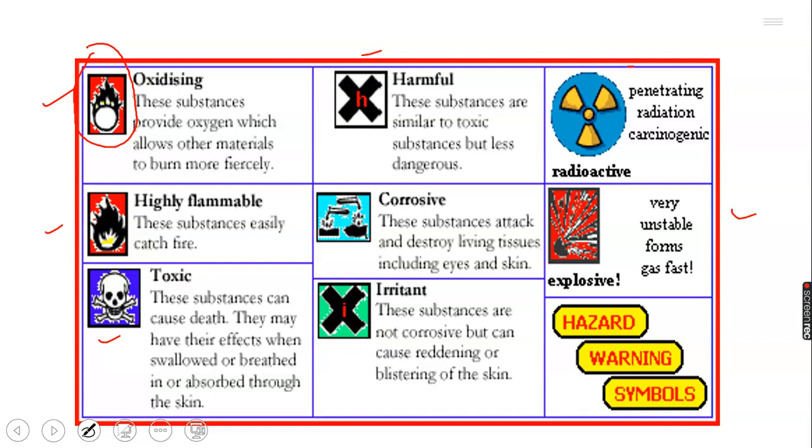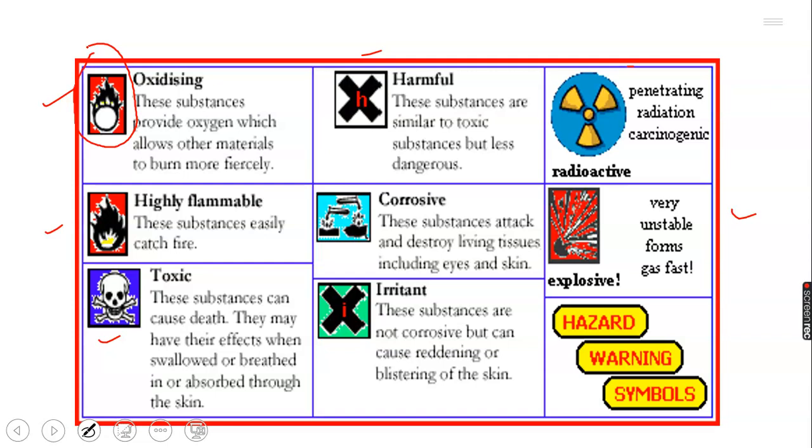Same thing with this symbol, something like fire, that means it's highly flammable. This one, with the curl and cross sign on the mouth, means it's very toxic. It can wear off the body, or it can cause death. That's what the symbol really means.